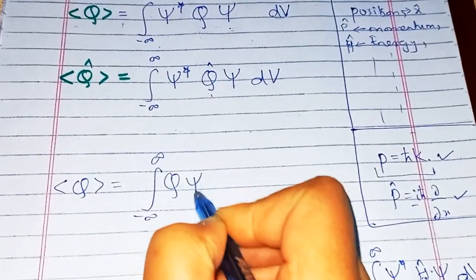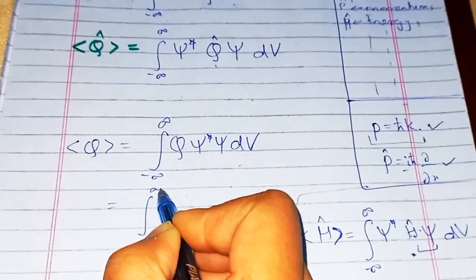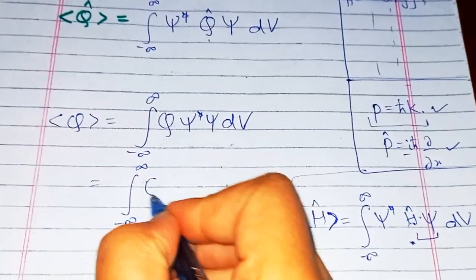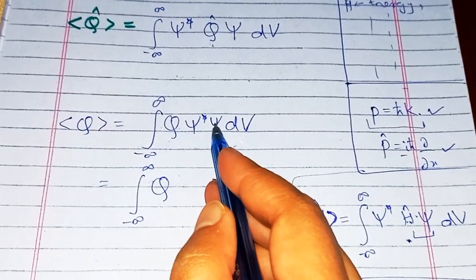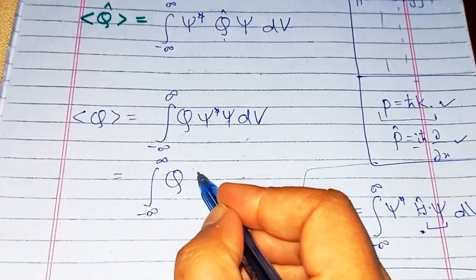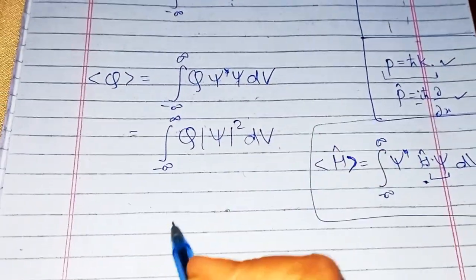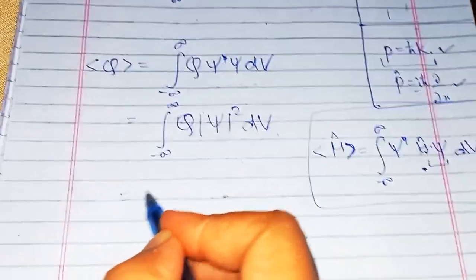In case of an observable, you can write Q wherever you like. Sometimes they frequently mention this formula, that psi star and psi, this product of a simple wave function and the conjugate of it, is called the square modulus of psi. So you can write it like that, and this is the probability density as well.